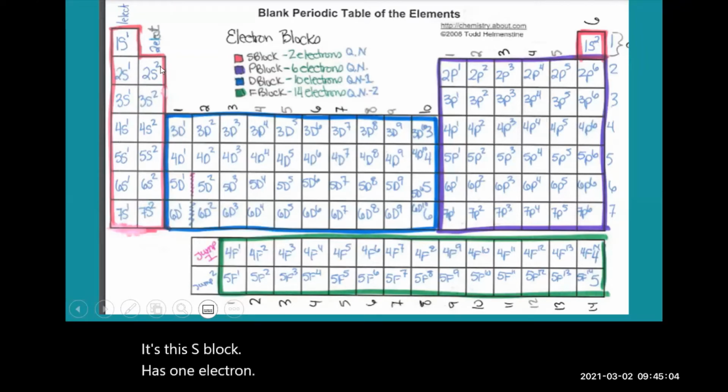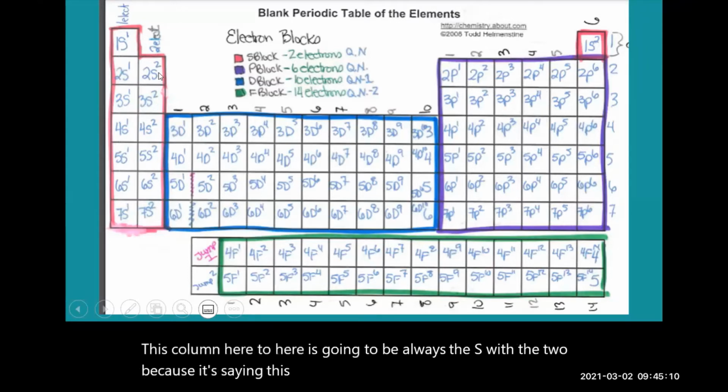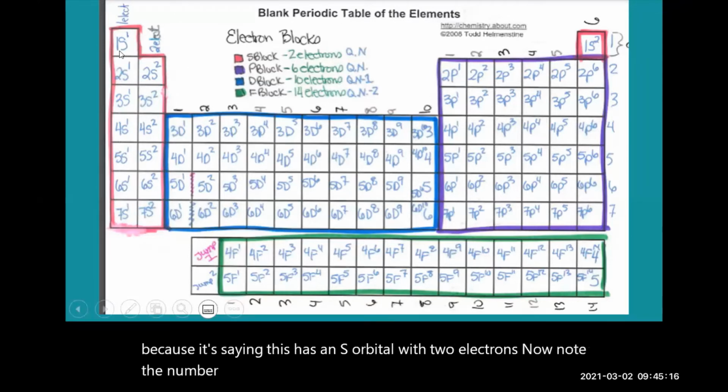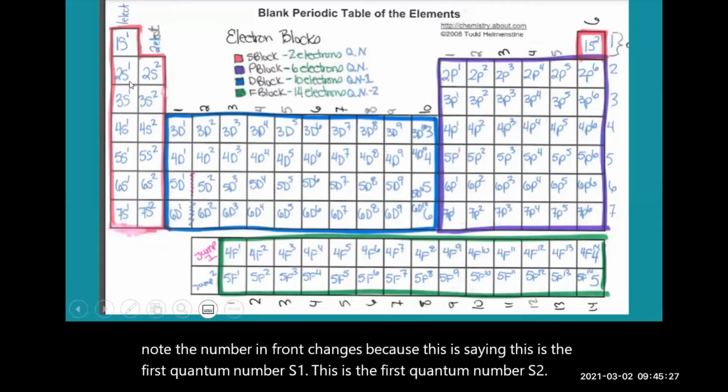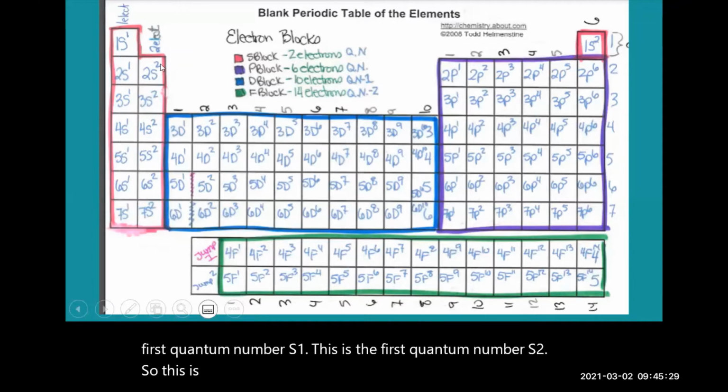This second column here is always going to be S with a 2, because it's saying this has an S orbital with 2 electrons. Now note, the number in front changes because this is the first quantum number, 1s1, 1s2. So this is 2s1, 2s2, because you're changing the quantum numbers.